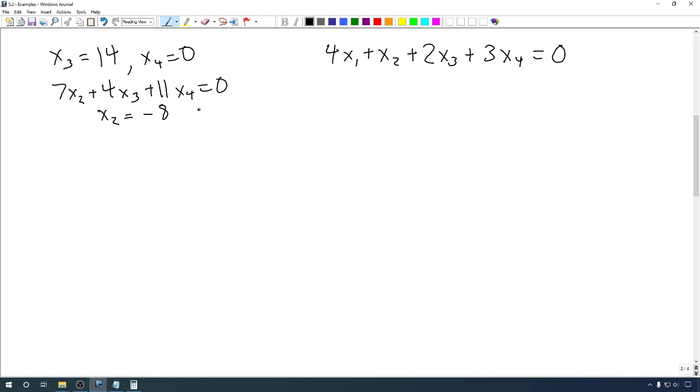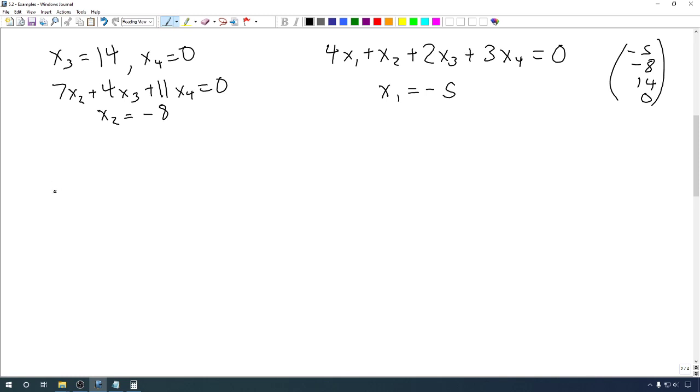We have x2 is -8, x3 is 14, x4 is 0. So ultimately here we get that x1 is equal to -5. So here we get the vector -5, -8, 14, 0. It's probably as simple as we can make it without dealing with any fractions, because these don't have any common factors.